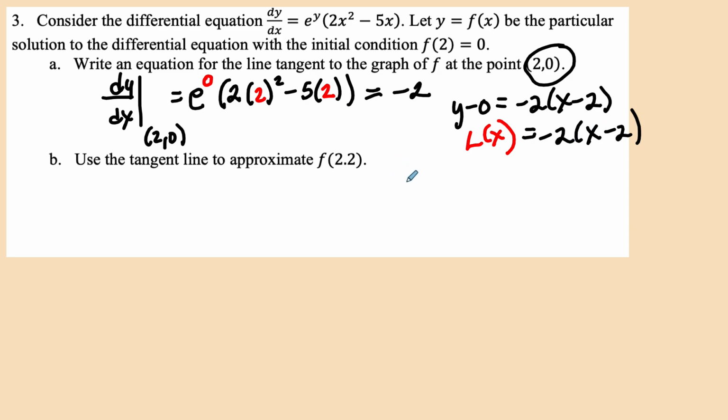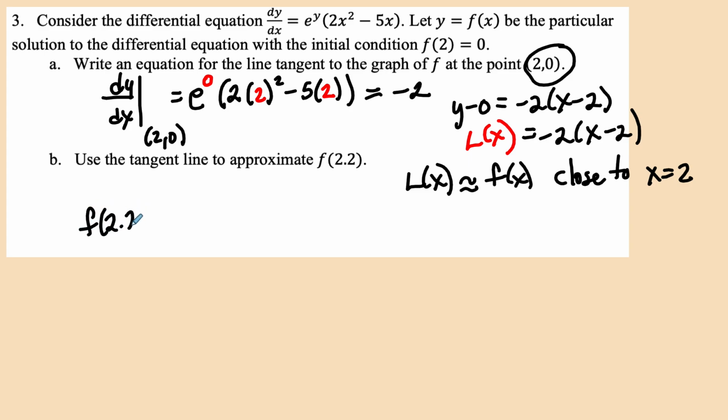And I know that the linearization is approximately the value of the function close to x equal to 2. All right, now they want me to use the tangent line to approximate f of 2.2. So f of 2.2 is approximately L of 2.2, and I'm going to use my linear equation.